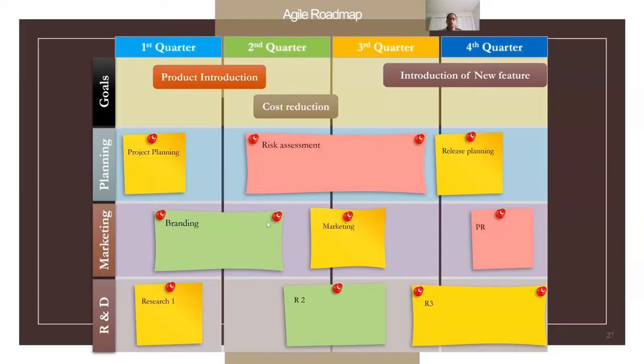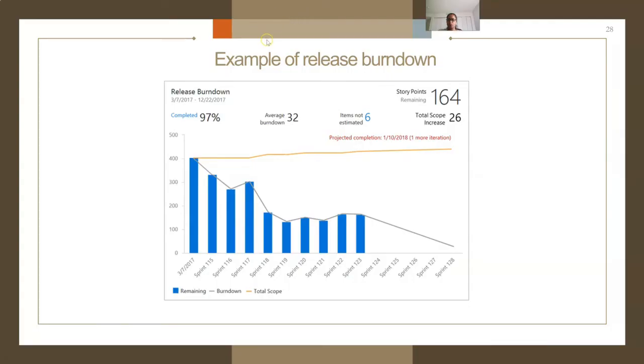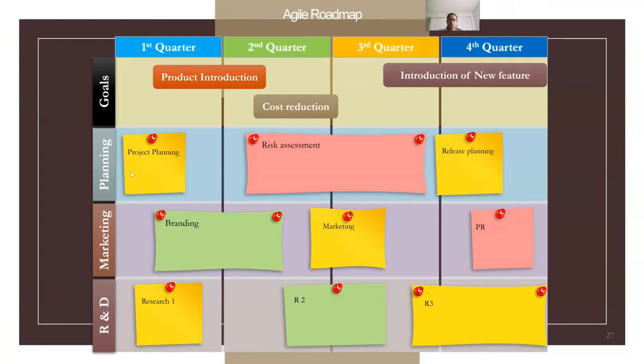Let us move on to the Agile roadmap. This is just an example of how an Agile roadmap could look.